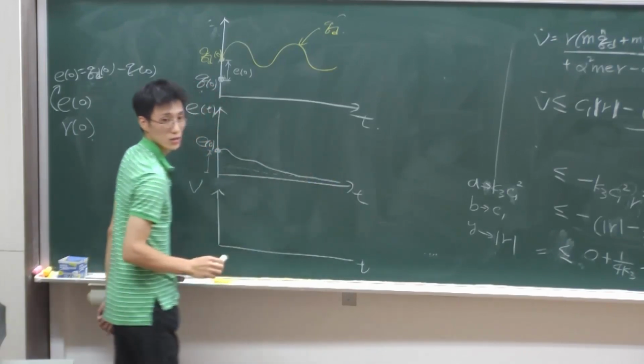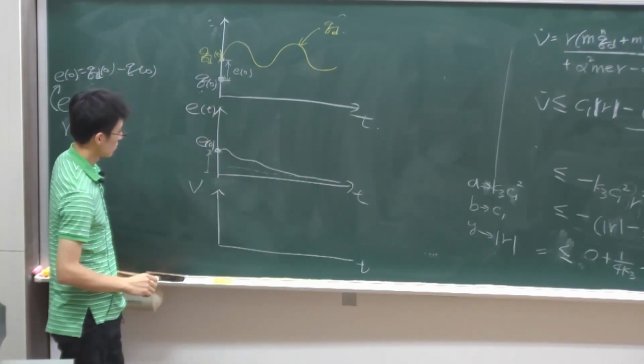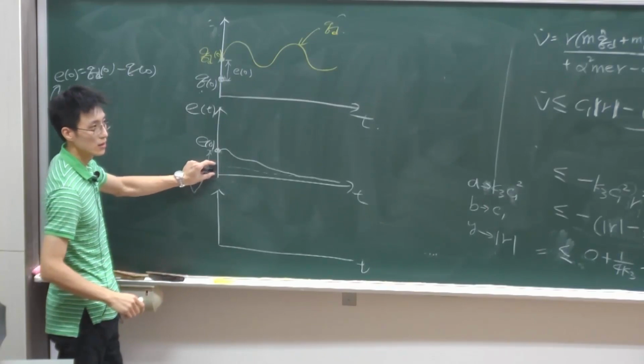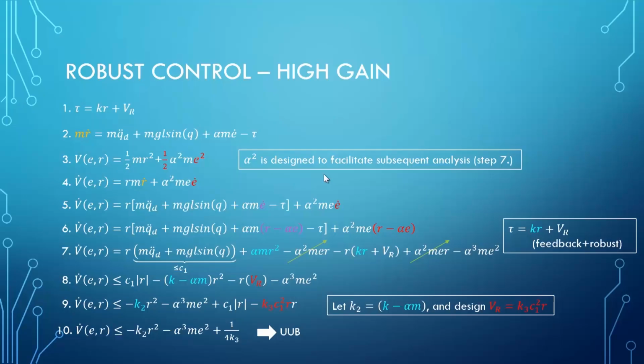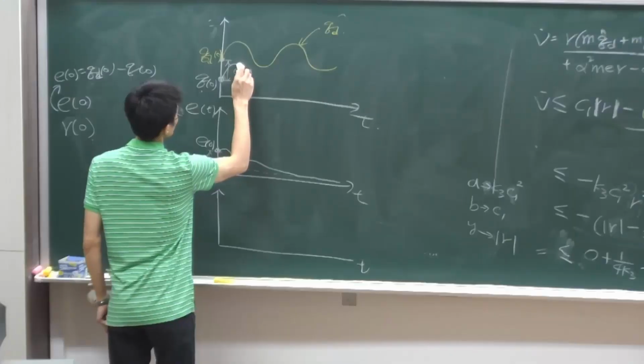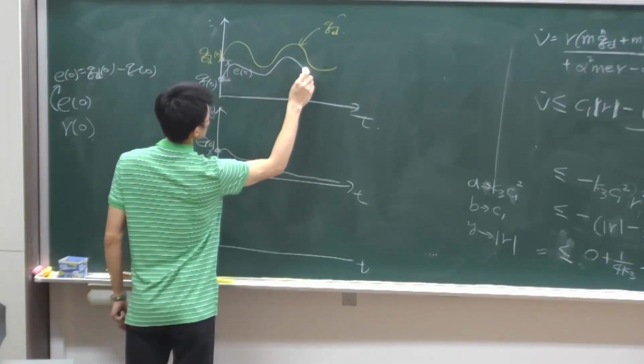You won't increase, you will be bounded. But this bound depends on the selection of K3. If you choose a larger K3, this error will be smaller, and you will track this trajectory.